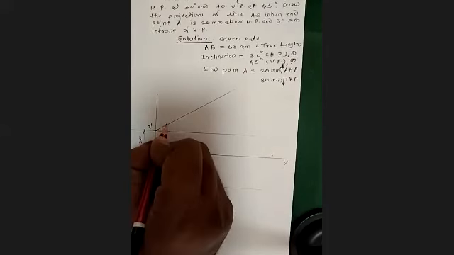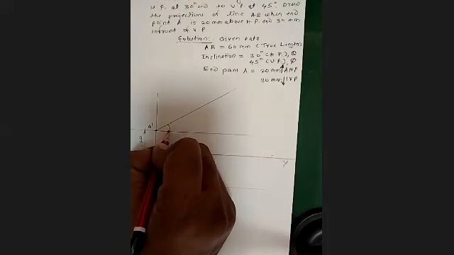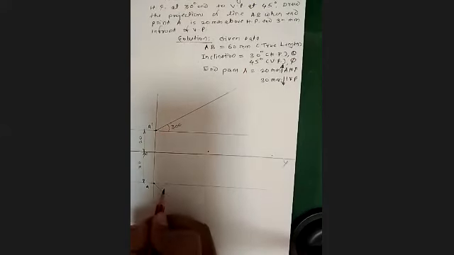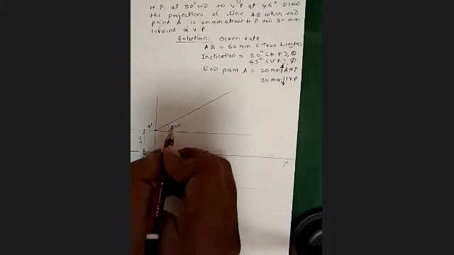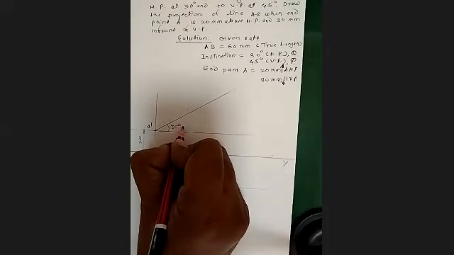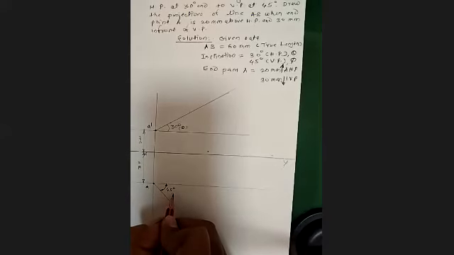This angle is 30 degree, this one 45 degree. We denote the first as angle theta, and this angle is phi.